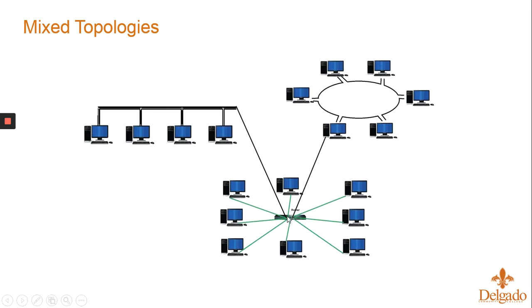This looks to be the central hub, so we have all of our computers starred off here. Then we have a star topology going into a ring topology here, and then another star topology going into a ring topology here. I should have said a linear topology here, I believe, and then a ring topology up there.